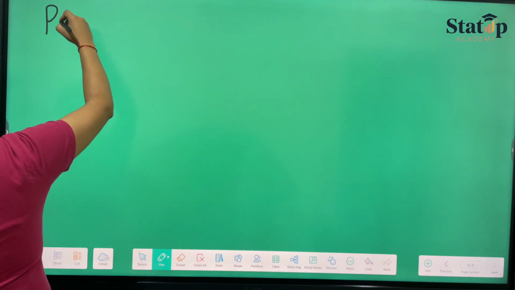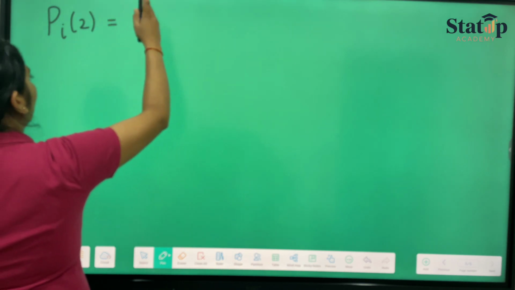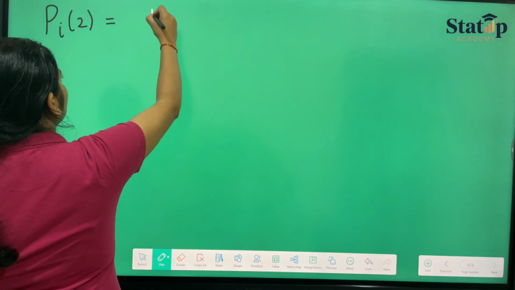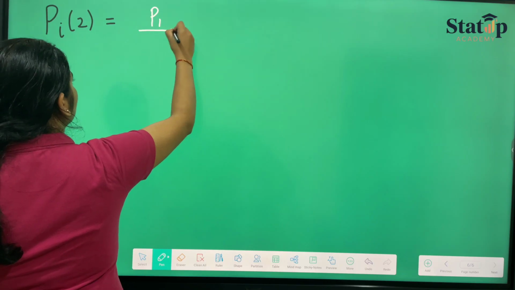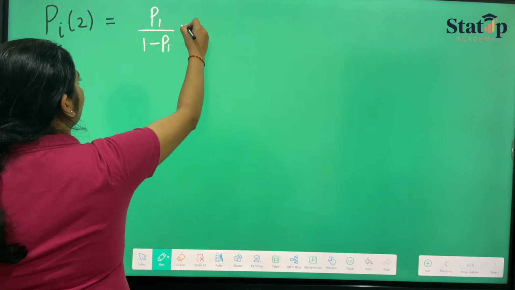P_i can be written as the probability of selecting 1 into 1 minus probability of 1 into p1.